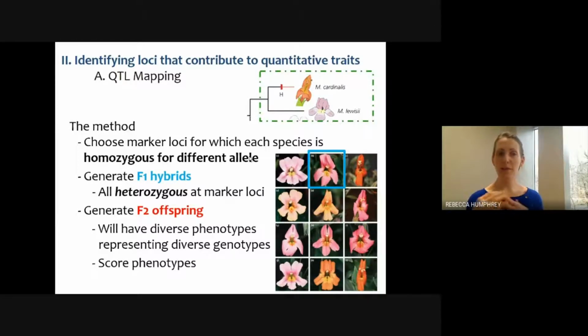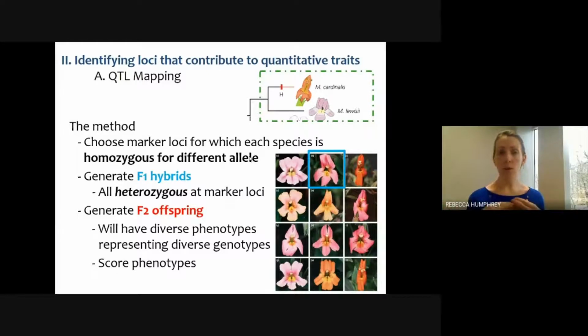Okay, and then we need some way to score the phenotype. So we're assessing the phenotypes. If it's pigment, maybe we're extracting the pigment and determining the quantity, or maybe we're comparing it to some color scale that we've set up. Maybe we are measuring pollinator visitation, so we're going out in the field and watching, or we're introducing pollinators somehow, and we're watching which particular flowers the pollinators tend to go to.